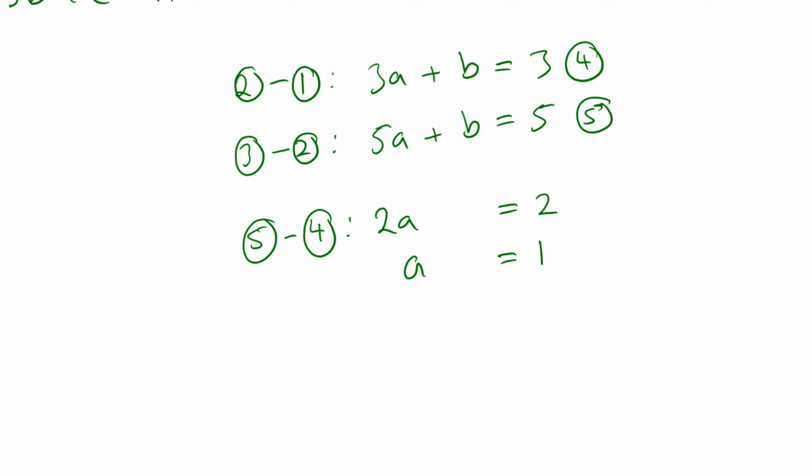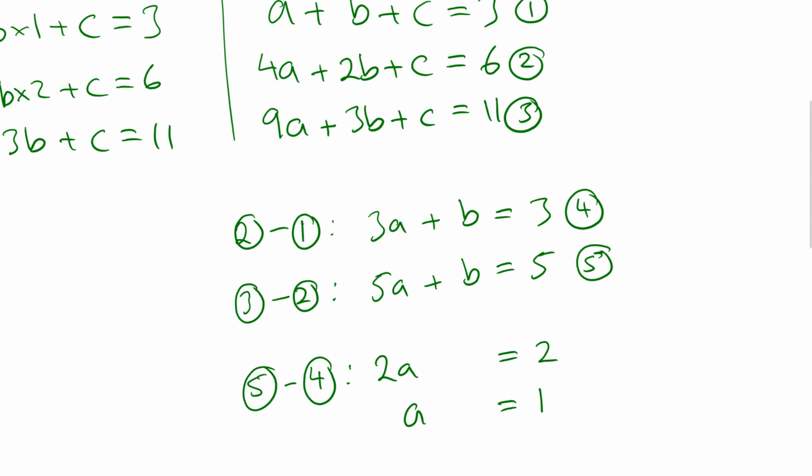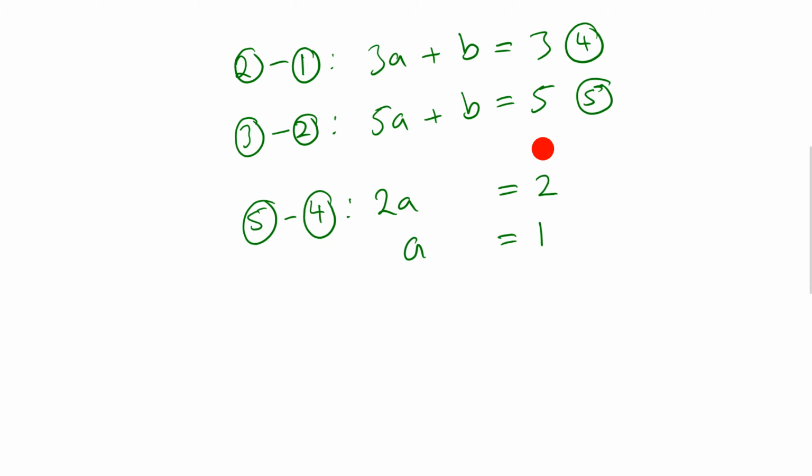So now we've got a is 1. We can start working out a few things, like b maybe. You can use equation 4. Normally you should say substitute a equals 1 into equation 4.